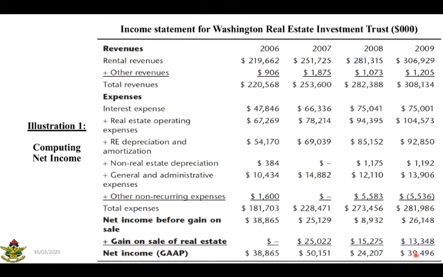Looking only at net income, it would appear that there was insufficient income available to shareholders to pay the dividend. However, net income can seriously understate the cash flow generated by a US REIT, and adjustments must be made.